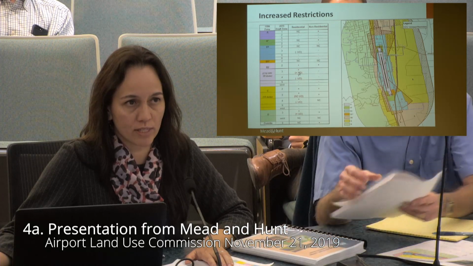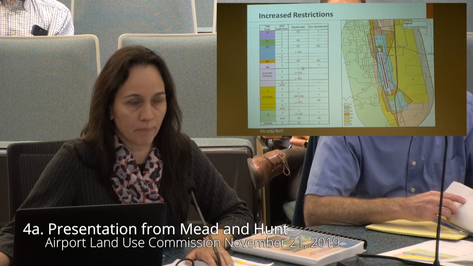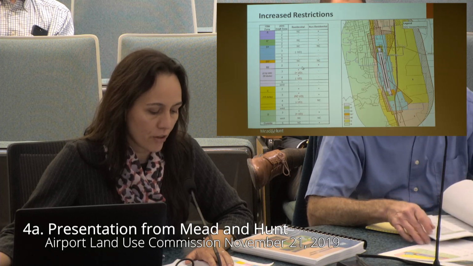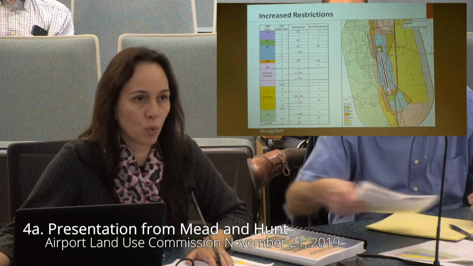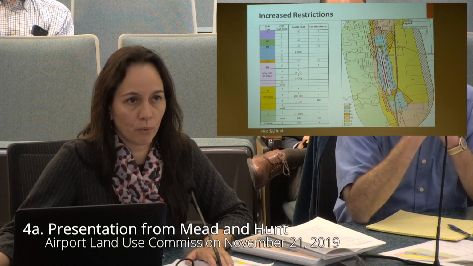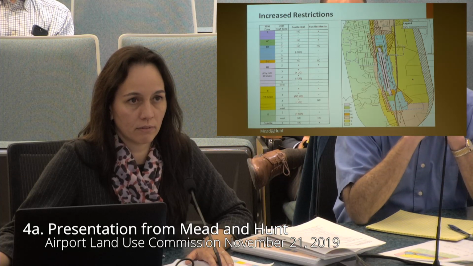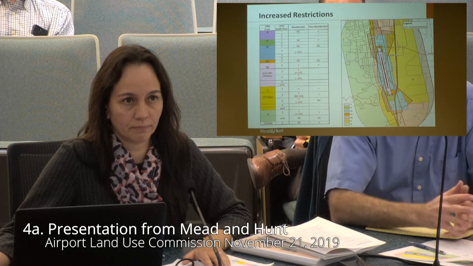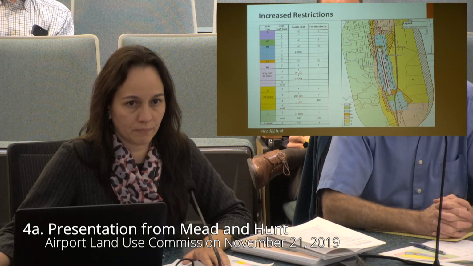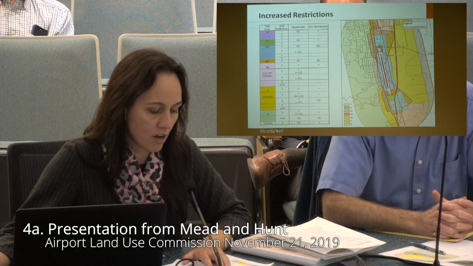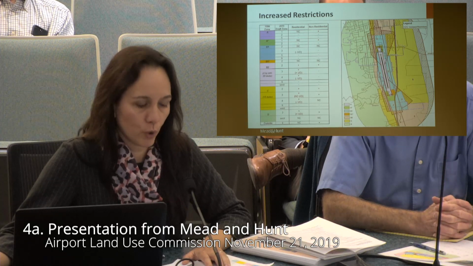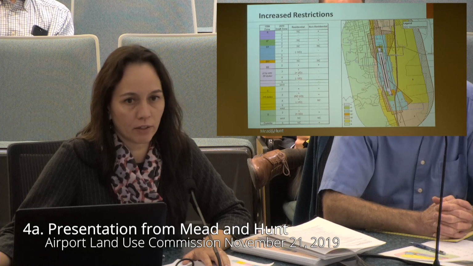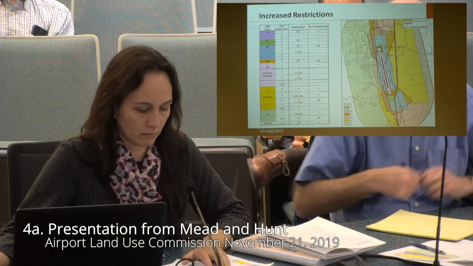So it's affecting residential and non-residential development, because the current plan allows up to 28 dwelling units per acre within the pink areas. The proposal would reduce that to 10-acre parcels. In terms of intensity, we're looking at 90 people per acre down to 60.